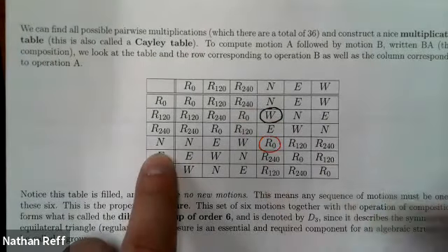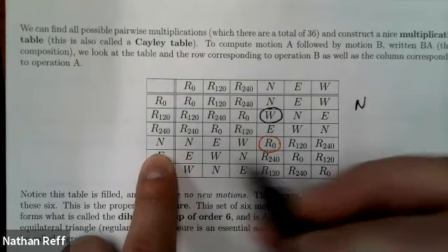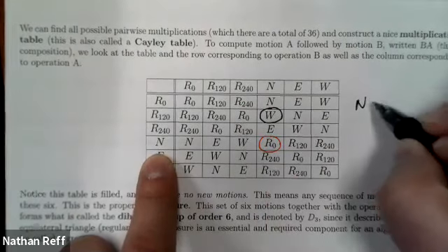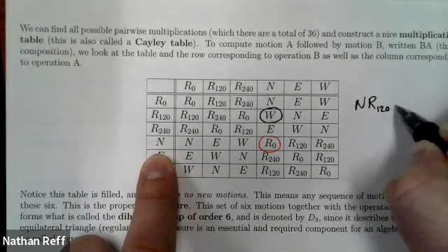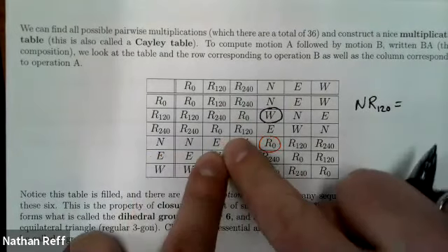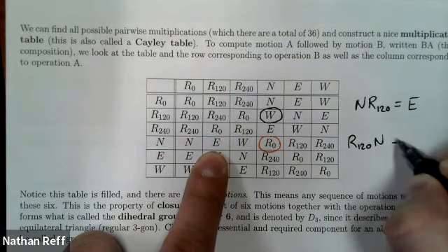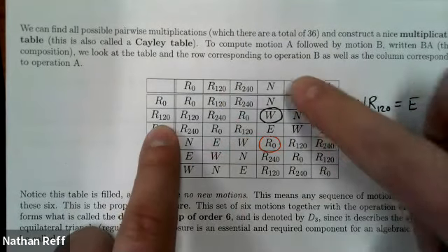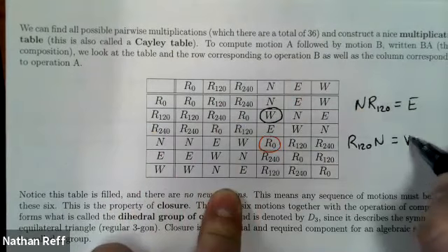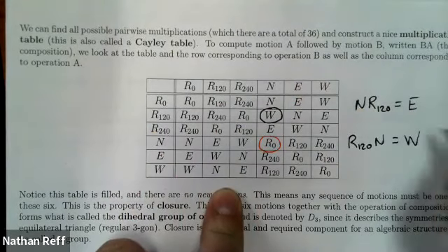If I do N and then R120, you get E. See that? But if I do R120 and then N, what do I get? I get the west one. You see that these are not equal?